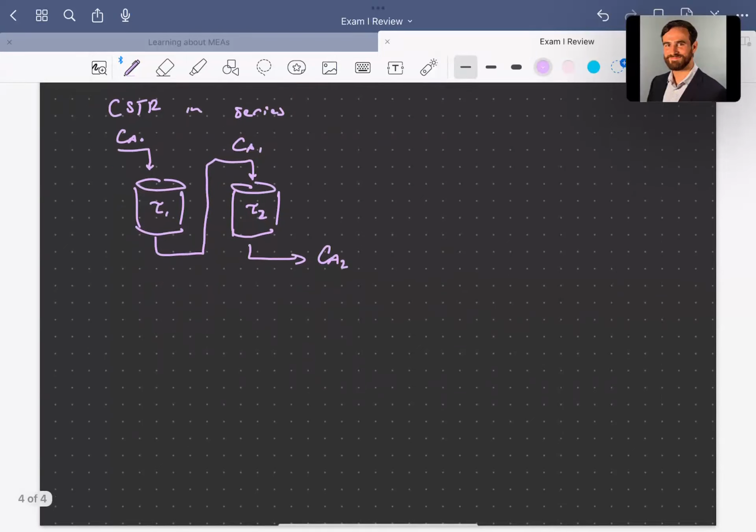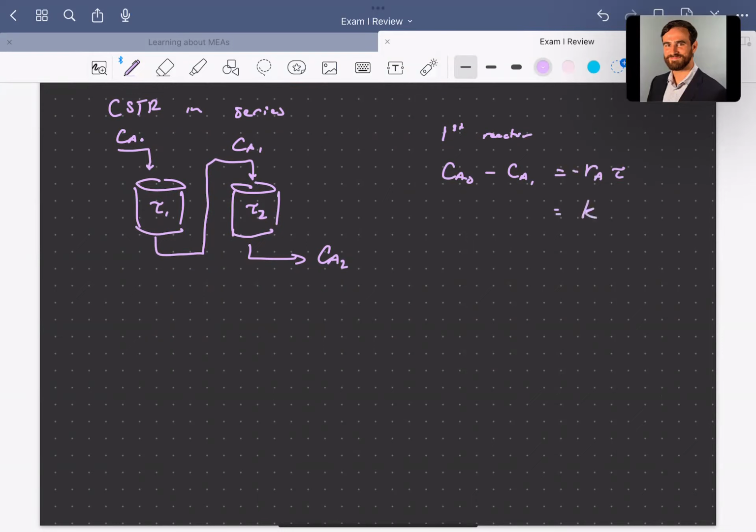Okay, so if we do a mole balance on our first reactor, and again, here we'll say this is a first order reaction. So we can write Ca0 minus Ca1. That's the concentration leaving the first reactor. It's equal to minus r of A times tau.